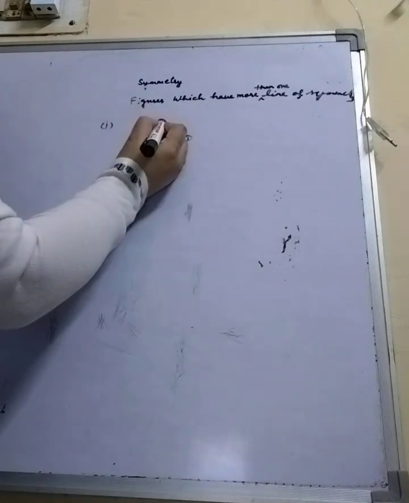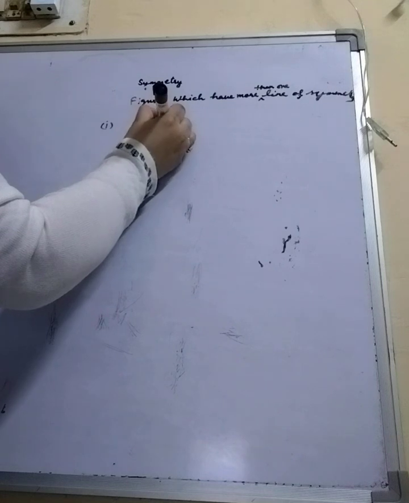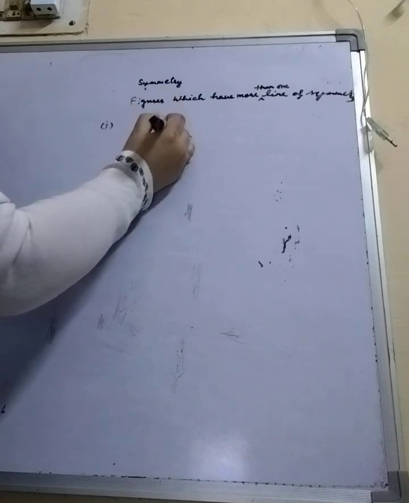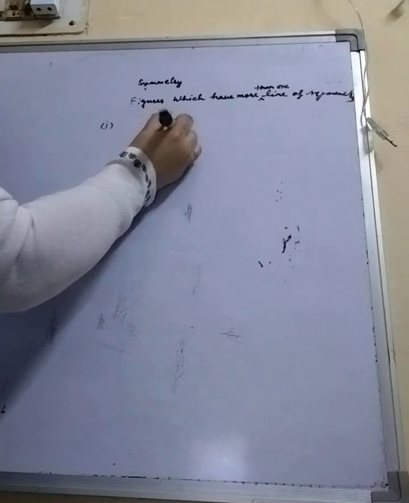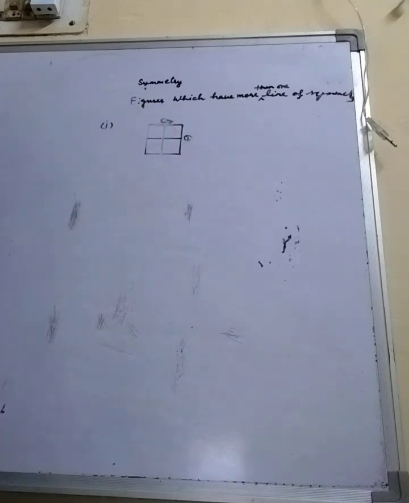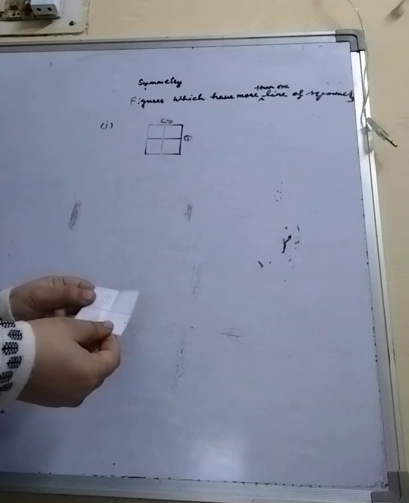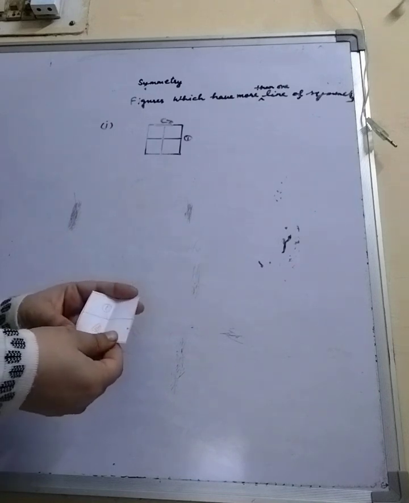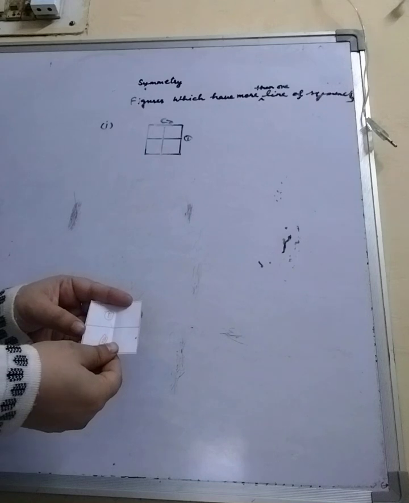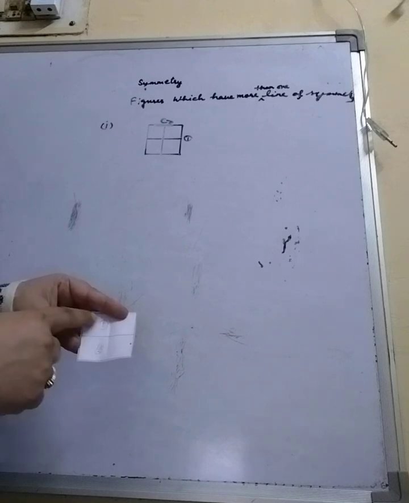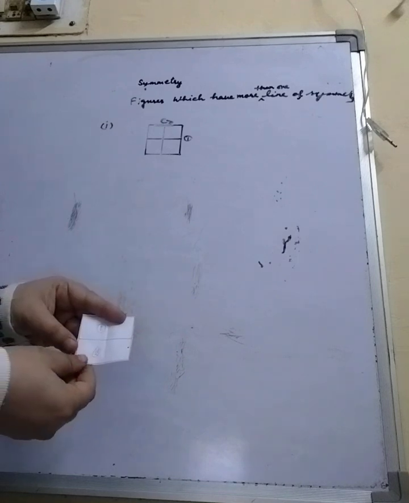If you give a fold over here, then you get the two overlapping parts. Then how else you can fold this? Now this is a bit tricky. Now you know what are diagonals of square or rectangle. Diagonals of square would be two opposite angles joining each other.